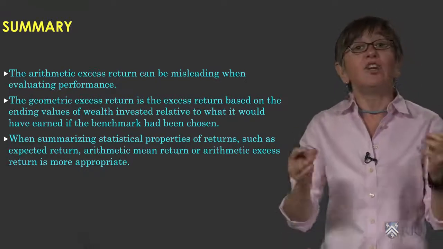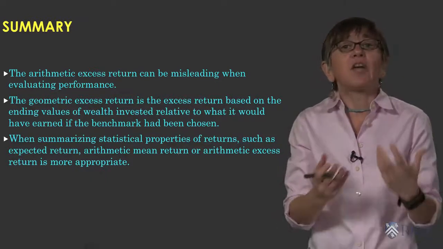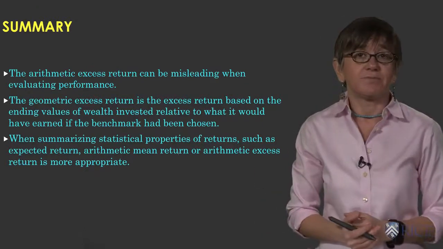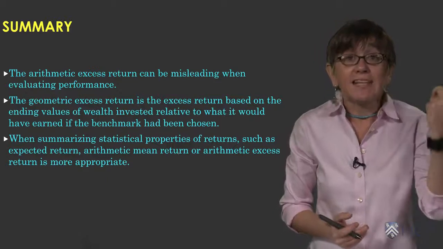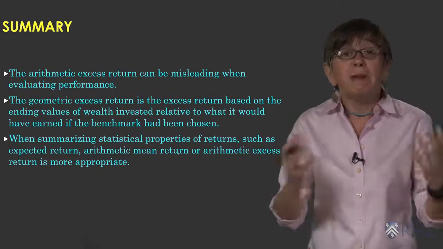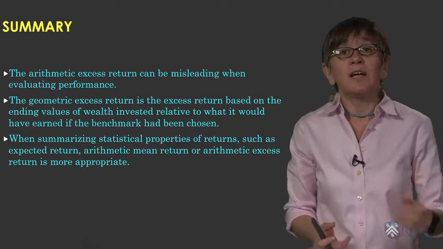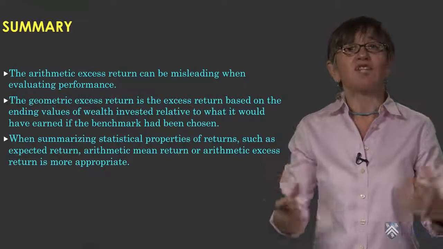Neither of these latter measures give us an accurate indication of the excess wealth over multiple periods. More generally, however, you learned that the term excess return can mean many different things. Best practice is always to disclose the specific calculation you use when reporting measures of excess returns.